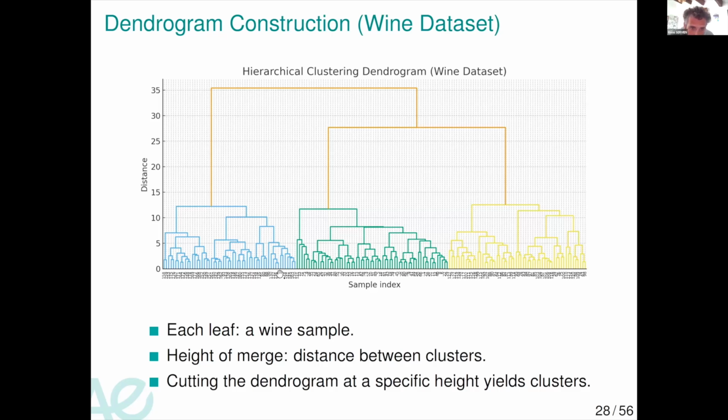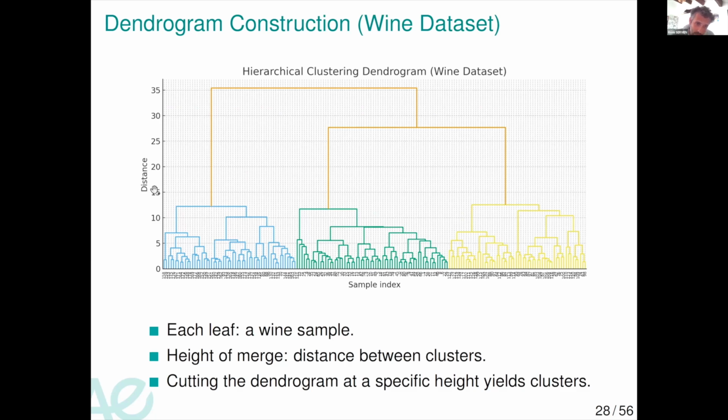You can see there are some joints here, where you perform agglomerative steps according to the distance.